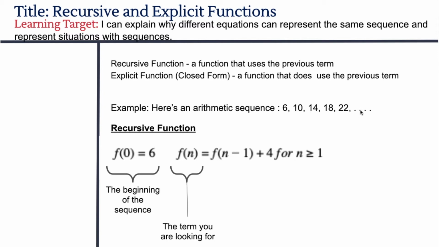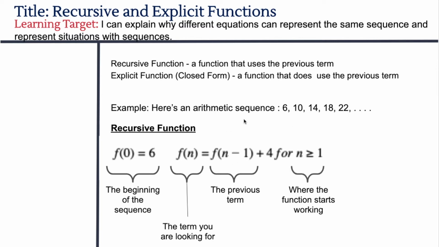That's what f of n represents. f of n minus 1 represents the previous term. So if I was looking for f of 5, f of 4 is the previous term, right? It's 1 less than 5. So that would be 22 in this case. And then this plus 4 is my pattern. And right here, this is when the function starts working. This is when my pattern begins.